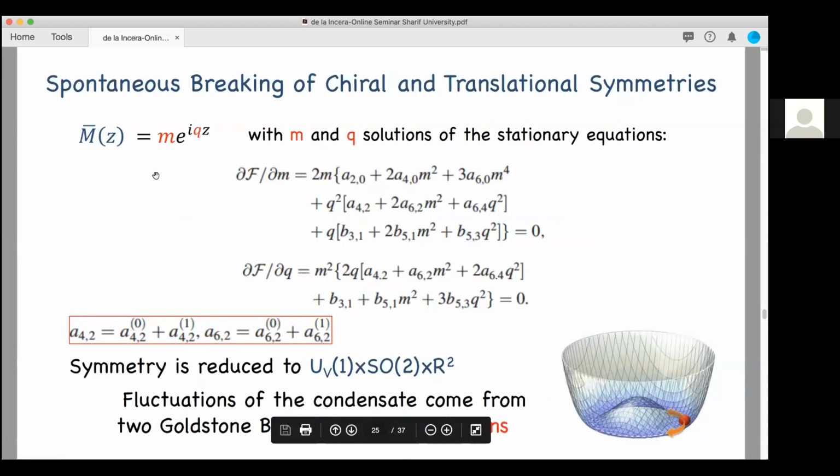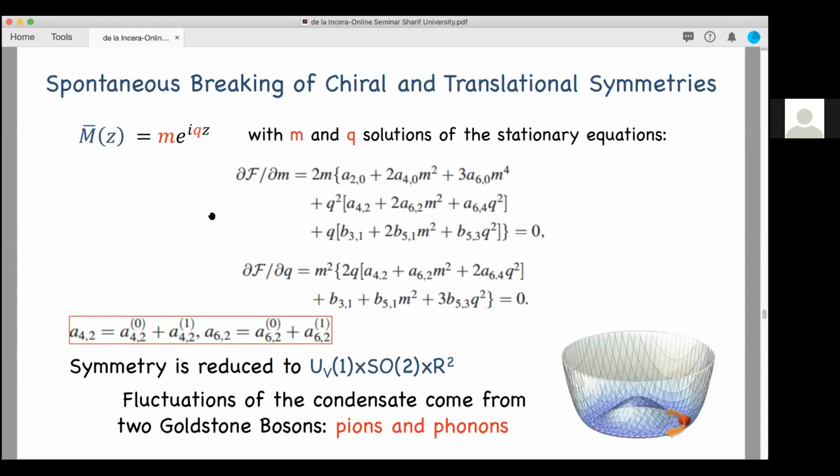And now, what I'm doing here is just looking at what is the symmetry breaking that occurs. So you can find the solution as the solution of the stationary equations. And there's a non-trivial solution for M and Q, which tells me that there is a breaking of part of the symmetry.